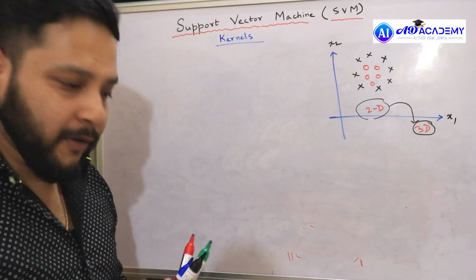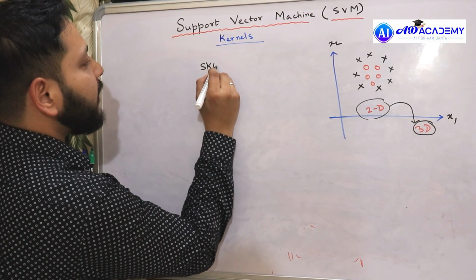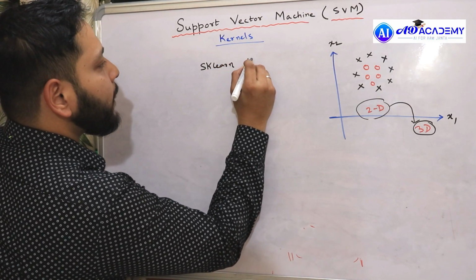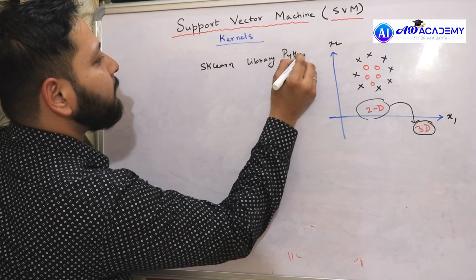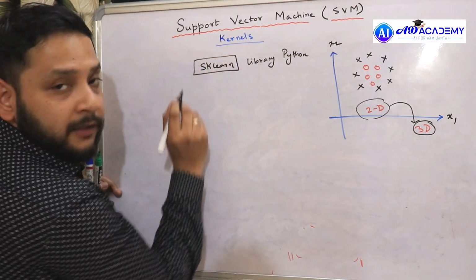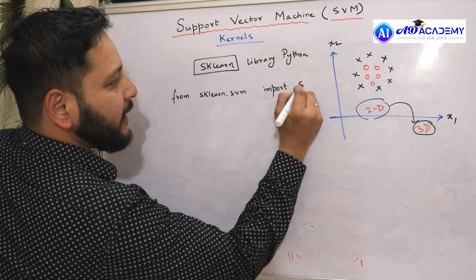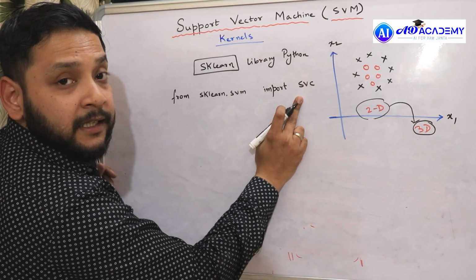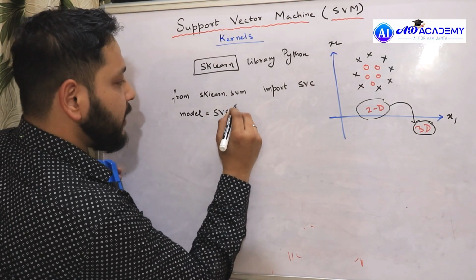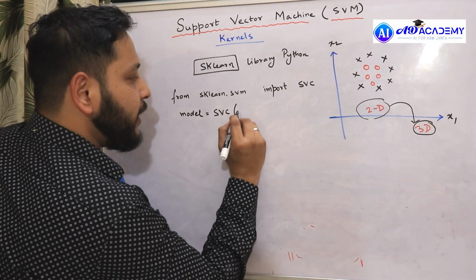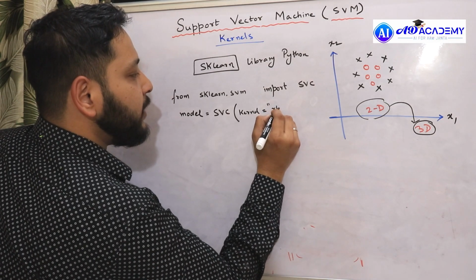Okay, because while importing, we are using the sklearn library in Python. What you have to write is: import SVC. SVC is the support vector classifier. Then clf equals SVC in brackets, and we give the kernel. Say we are giving it as RBF.